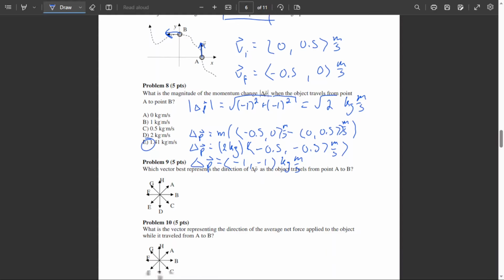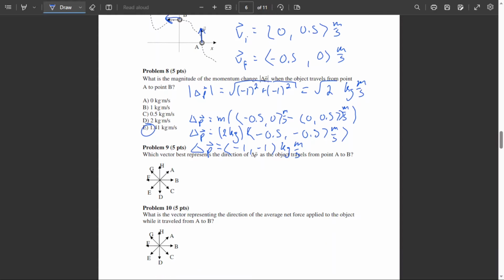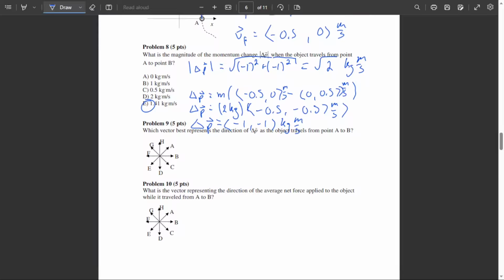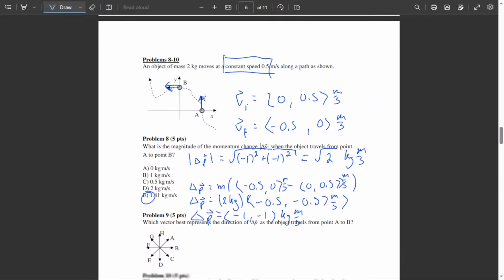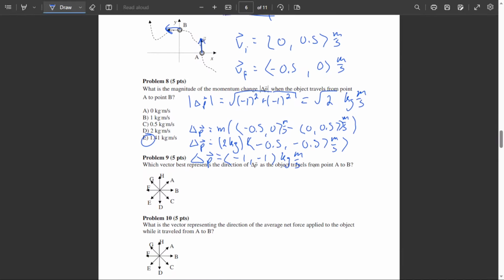Alright, next question. Which vector best represents the direction of change in momentum as the object travels from point A to point B? So, first of all, you just have that vector right here. Minus 1, minus 1. So if we draw a little coordinate system, minus 1 would be negative x direction, negative y direction.